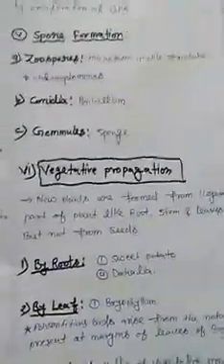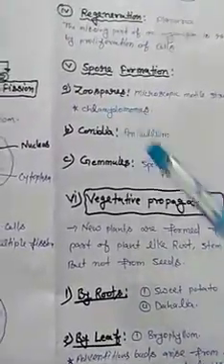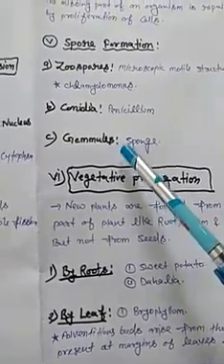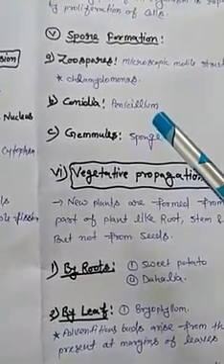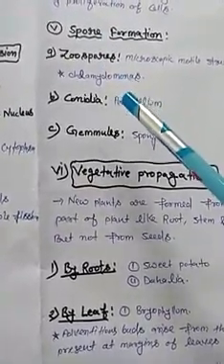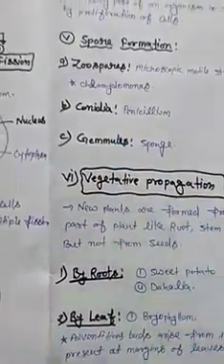The first is zoospore, second is conidia, and third is gemmule.